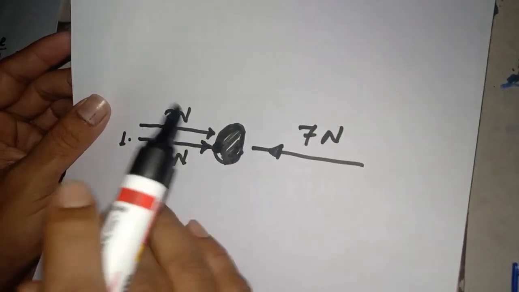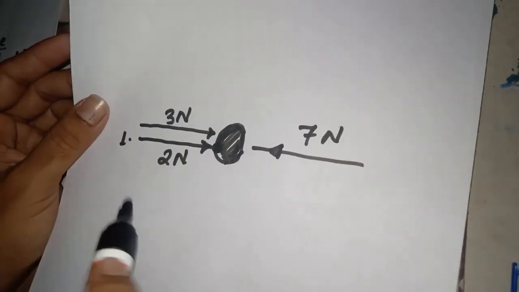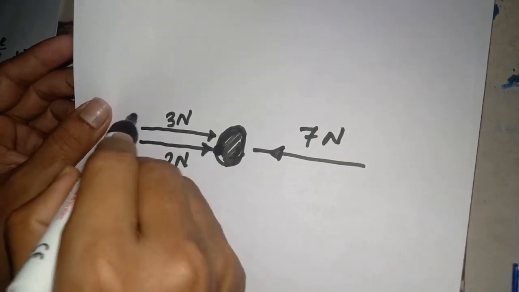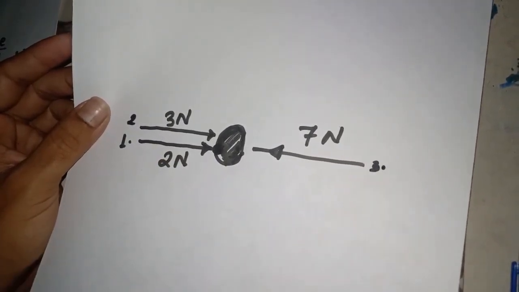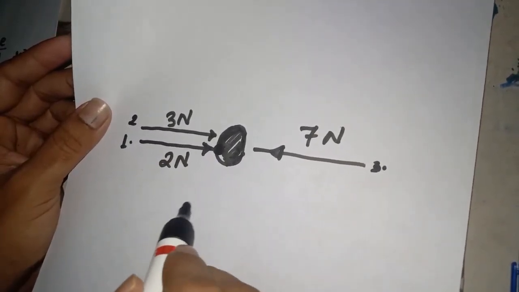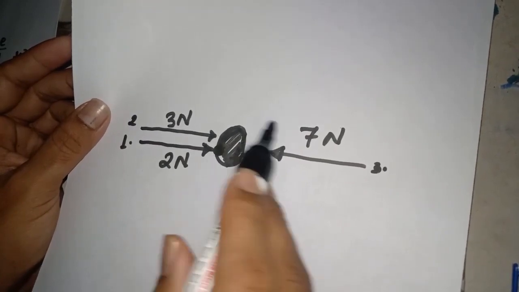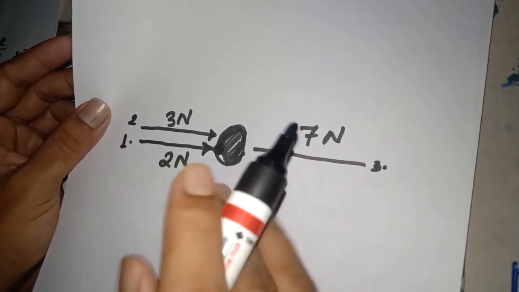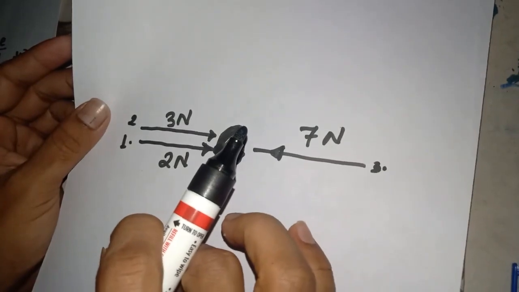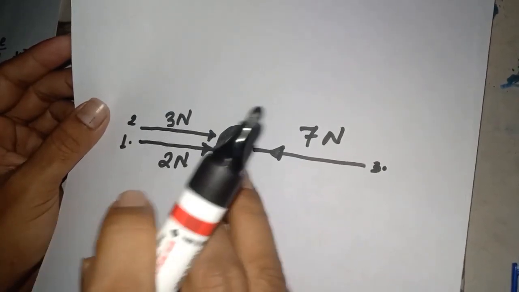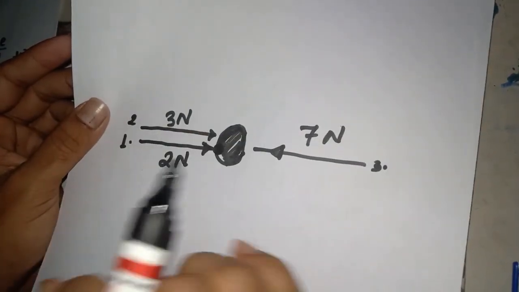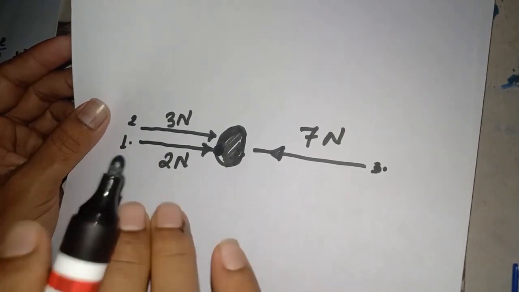Perhaps you have solved the question. The answer is that we can add these three vectors, because we know that the combined effect is nothing but the addition of these quantities.